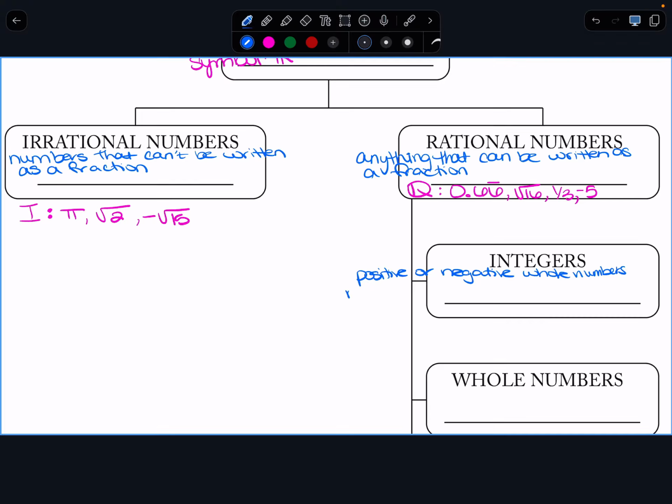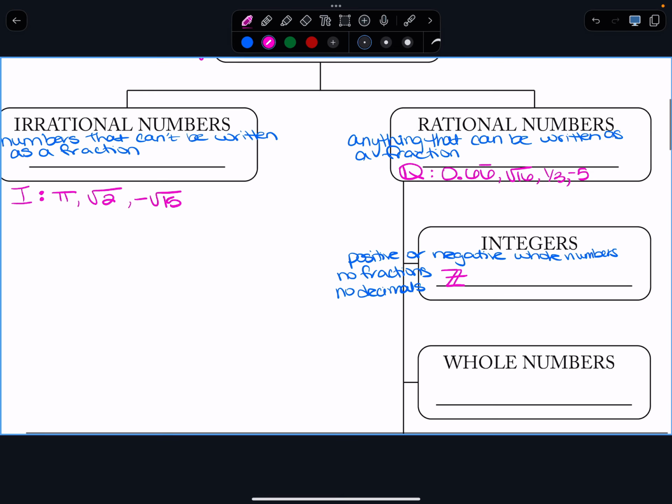So no fractions, no decimals, and they can be positive or negative. It does have a symbol. It's a weird symbol. They're all weird. It's a Z with a line through it. So like -5, -1, 0, 1, 3. I can go on and on and on forever.